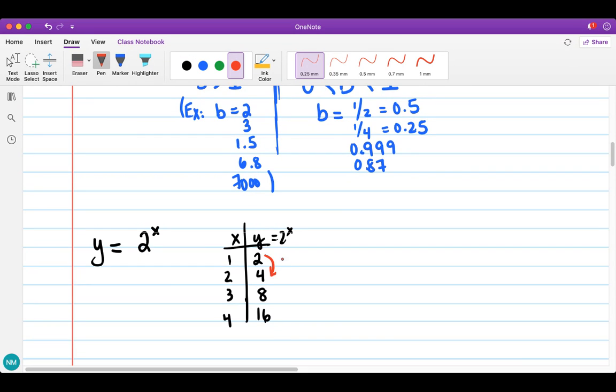Each time, this is multiplying by 2, right? By nature of what an exponential function is. This is called the multiplier for a reason.